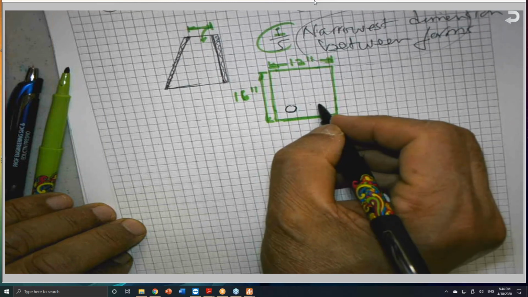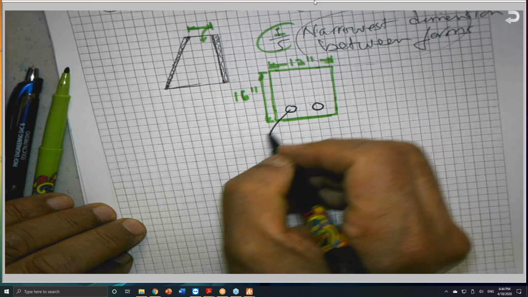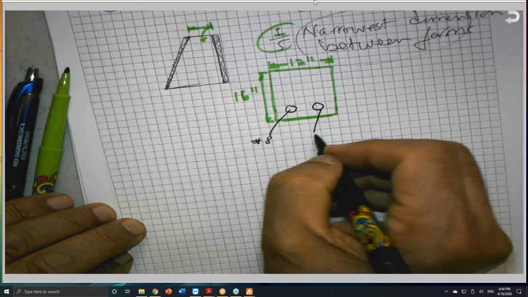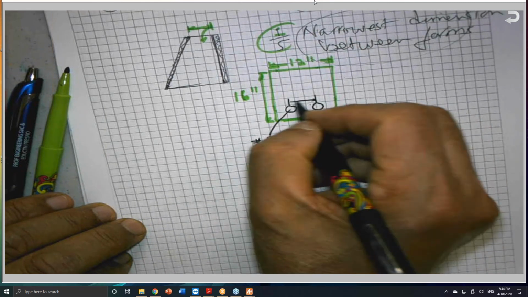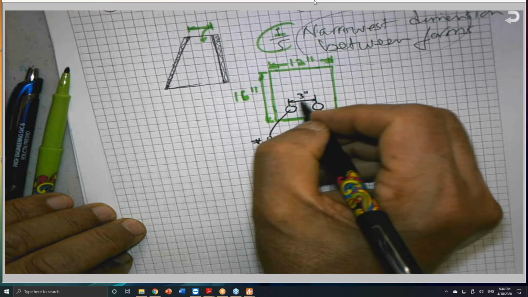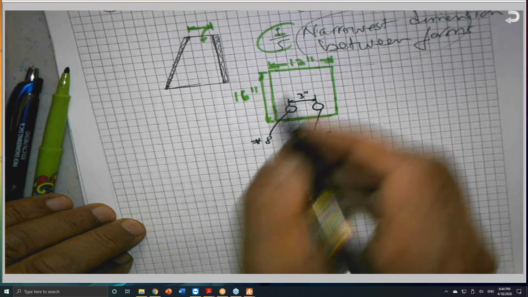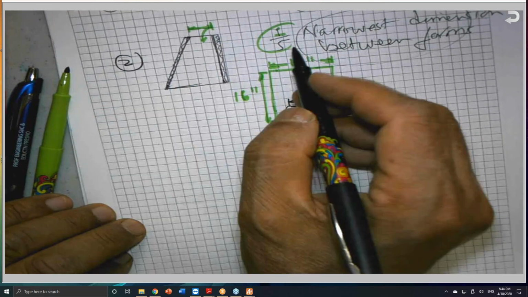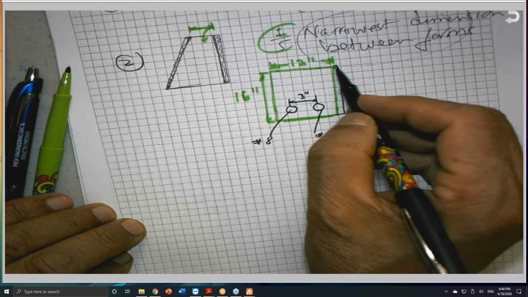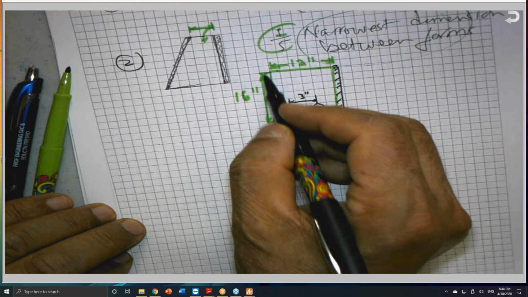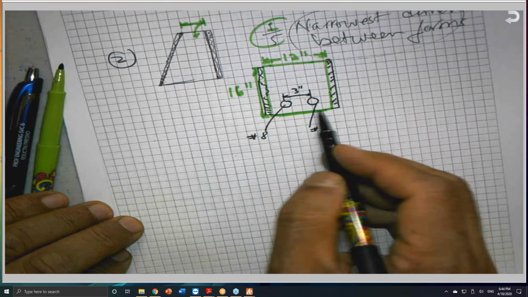Let's assume only two bars to make it easy for illustration. So this is number 8, number 8, 3 inches on center. In a situation like this, I expect that some forms will be here and some forms here, and obviously the bottom.